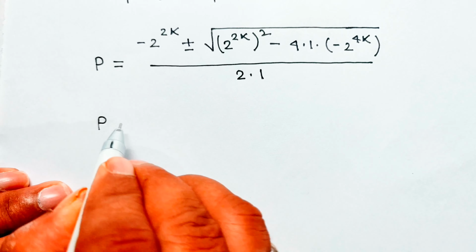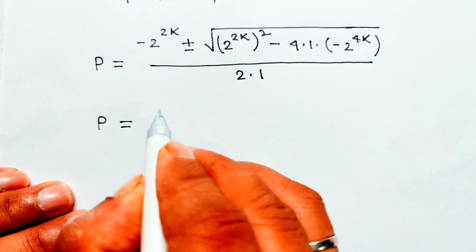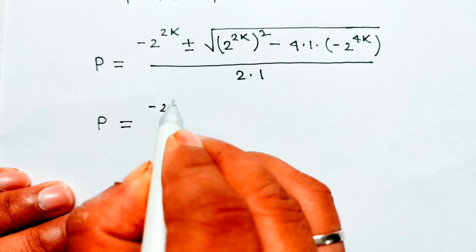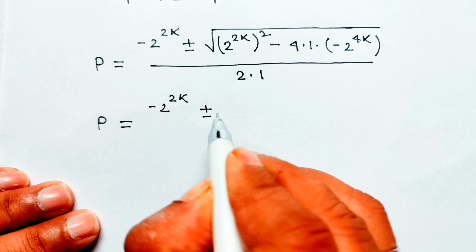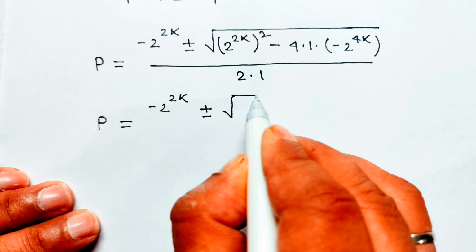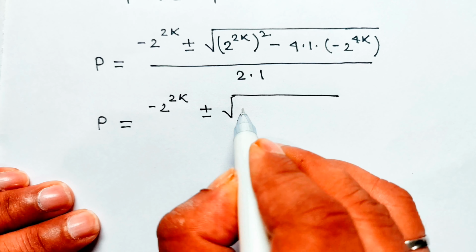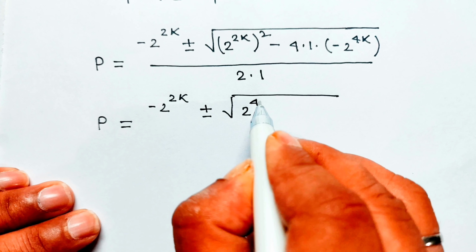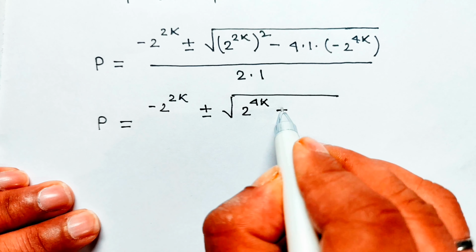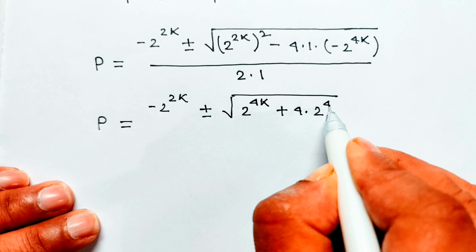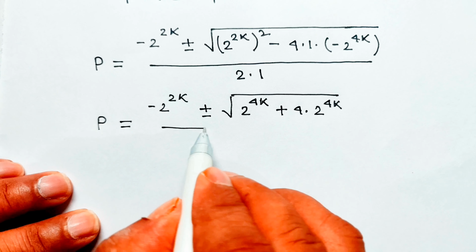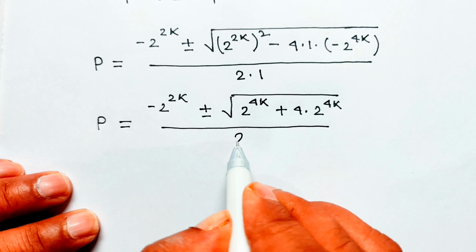Then p equal minus 2 to the power 2k plus minus root of 2 to the power 4k plus 4 into 2 to the power 4k, divided by 2.